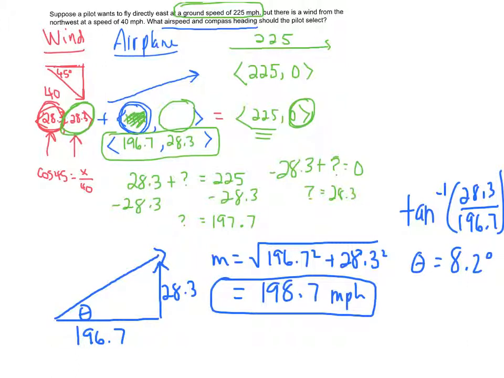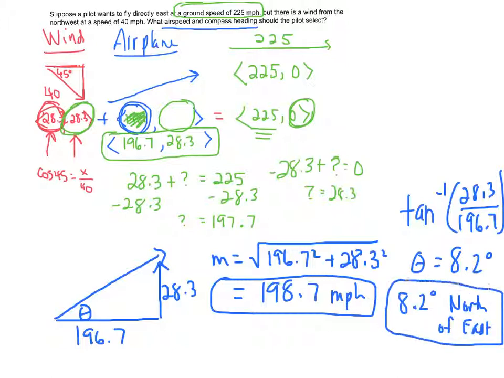So I would say 8.2 degrees north of east. And there we have it. We have our airspeed, magnitude, and compass heading, 8.2 degrees north of east.